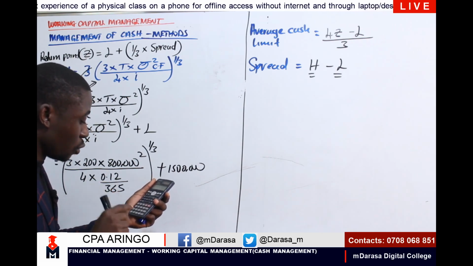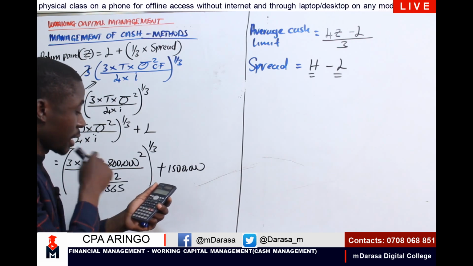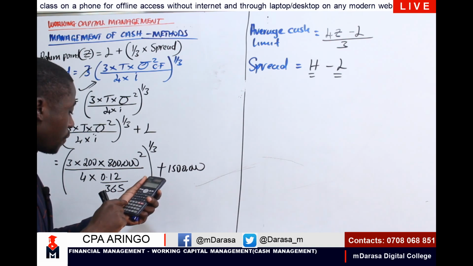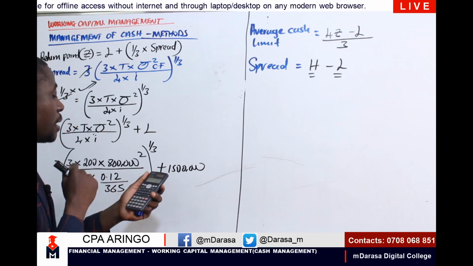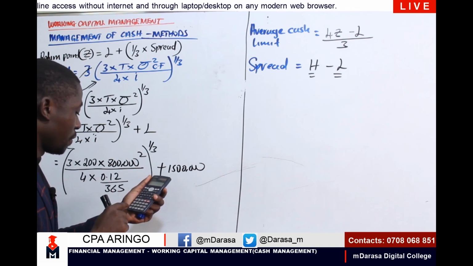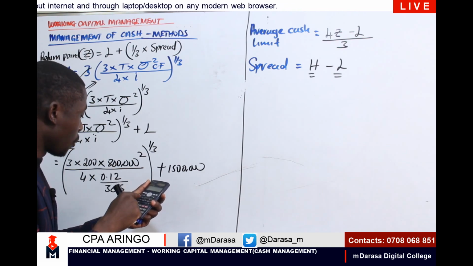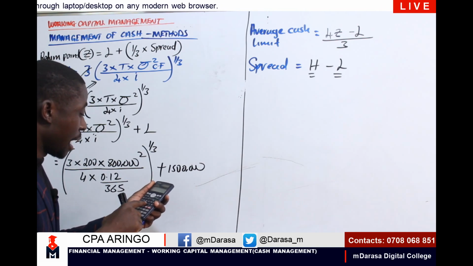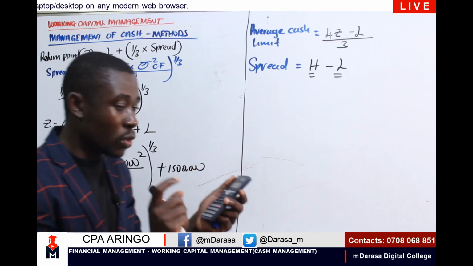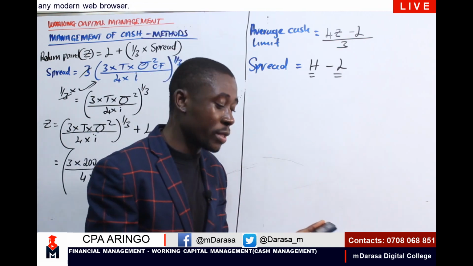Then the figure that we do have, we divide. I'm going to open my bracket. We take 4 times, I open my bracket, we have 0.12. I'm going to divide this by 365 days. I close my bracket to close that segment, then again I close my bracket to close the whole bit.